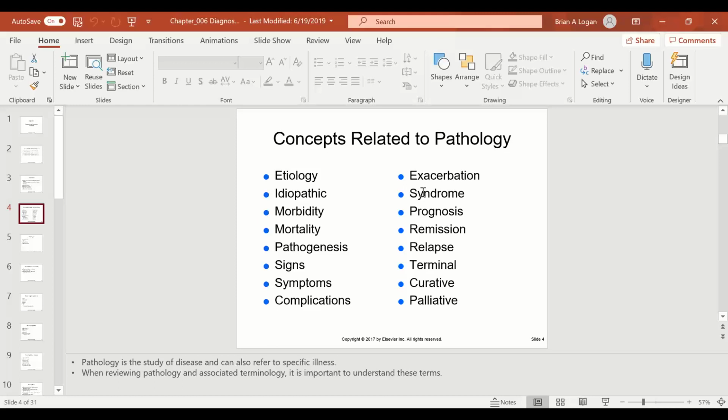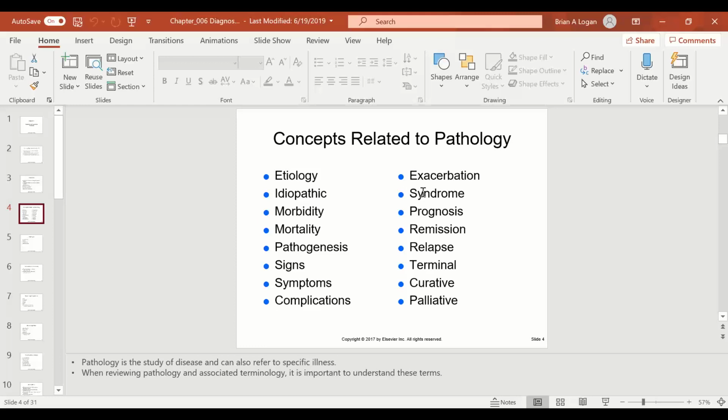Pathology also covers the path, the way that the disease got into that patient, what it's doing to that patient, what it's destroying. How does that disease work? What does it do to the body? Mortality and morbidity are your death rates. How bad is it?